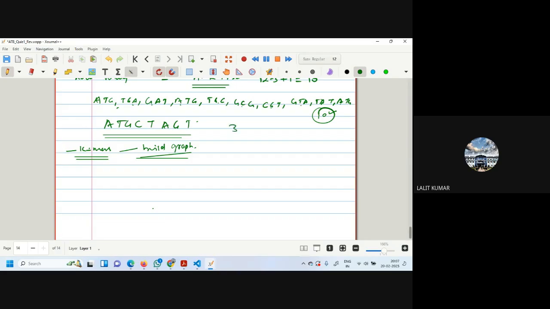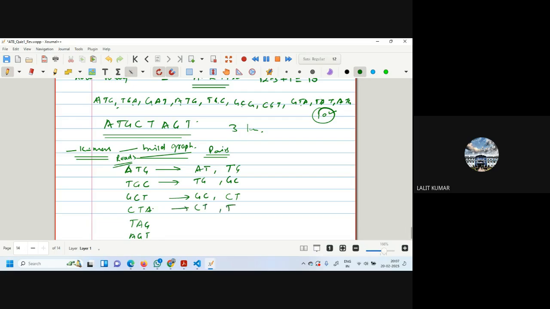If we make 3-mers, of length 3, we will have ATG, TGC, GCT, CTA, TAG, and AGT. These are the reads. Now we break them into pairs, so this will become AT, TG, TG, GC, GC, CT, CT, TA, TA, AG, and AG, GT.